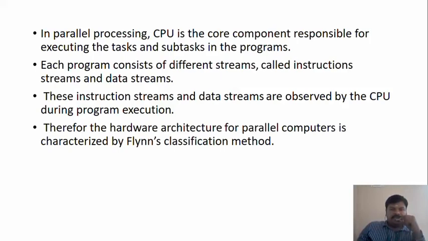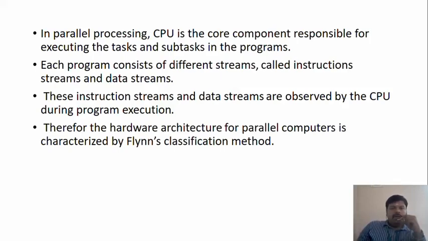We call them an instruction stream and data streams. Each and every program will have a set of instructions and a set of data, and these instruction streams and data streams are watched by a CPU during the execution of the program, that is, during the task execution.